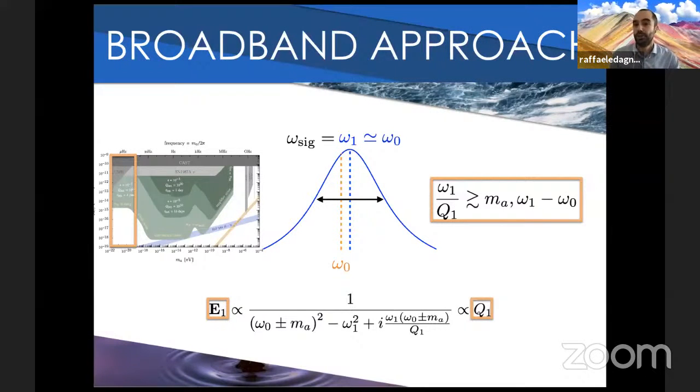within the resonator bandwidth. And as I told you before, these quality factors are huge, so order 10^10, 10^11. So these two frequencies are really degenerate.